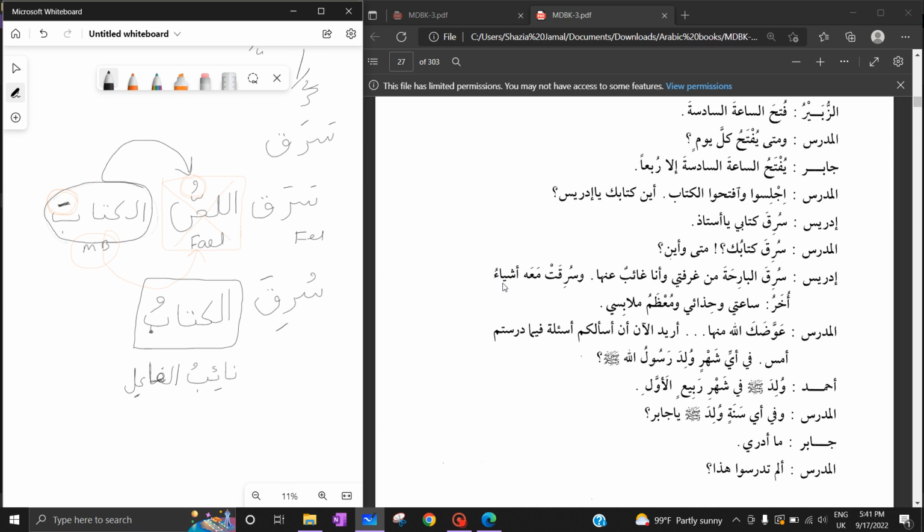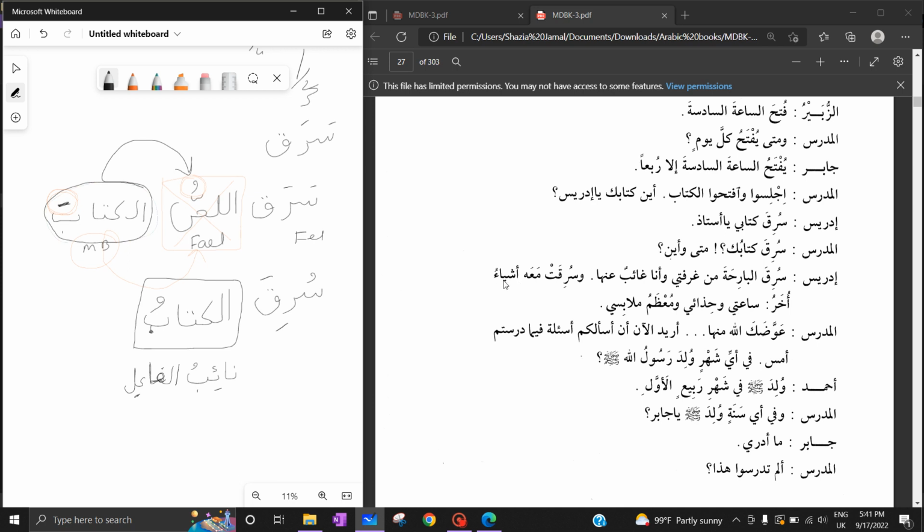And since it has become a naibul fa'il and this is a ghair aqil plural, that's why with this fi'l, the ta tanis has come to show that this fa'il is a feminine noun.